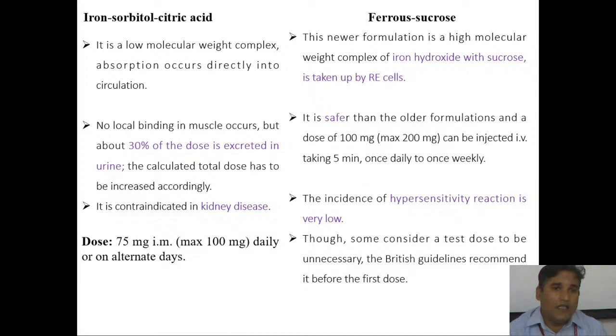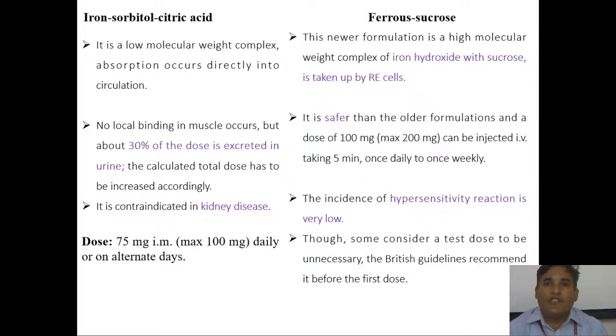Absorption occurs directly into the circulation, with no local binding in the muscle cells, but about 30% of the dose is excreted in urine, and therefore the dose must be adjusted accordingly. It is contraindicated in kidney disease, and the dose is 75 mg intramuscularly daily or on alternate days.